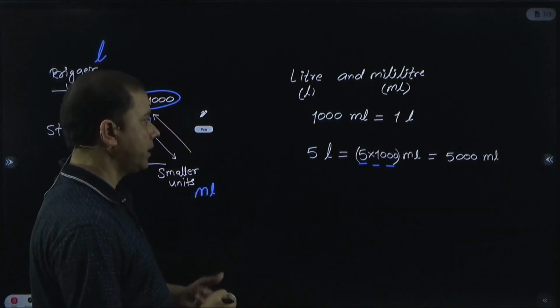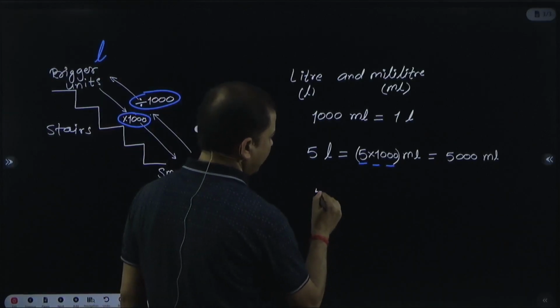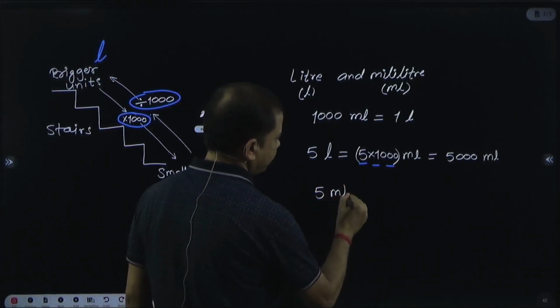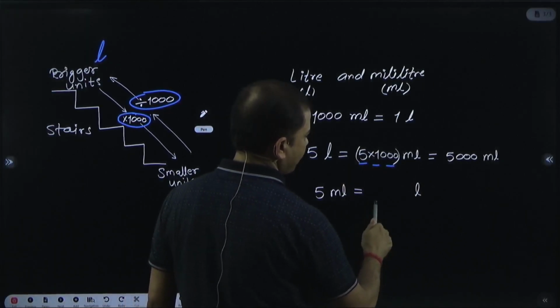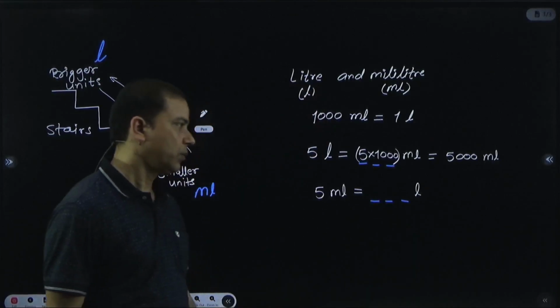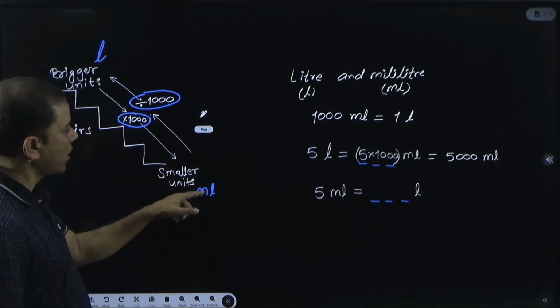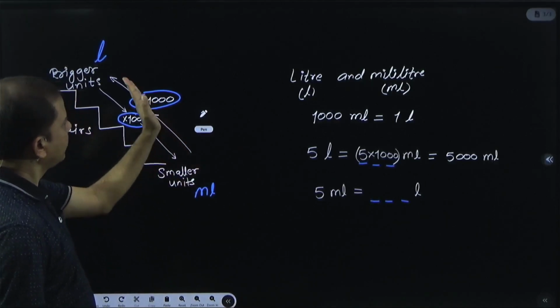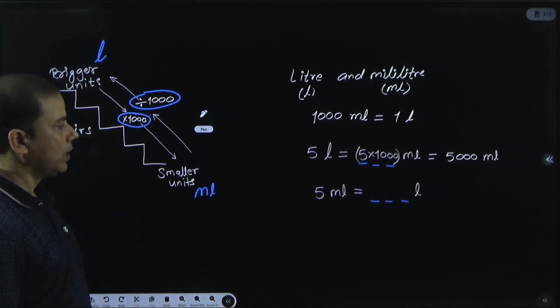This is how we change liter to milliliter. Let's take another example, in the reversed direction. 5 milliliter, and we want to change it into liter. So how to change? As we know, from milliliter, the smaller unit, to liter, the bigger unit, we do division by 1000.